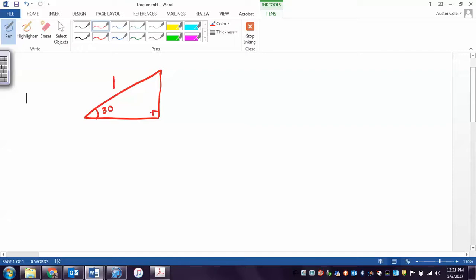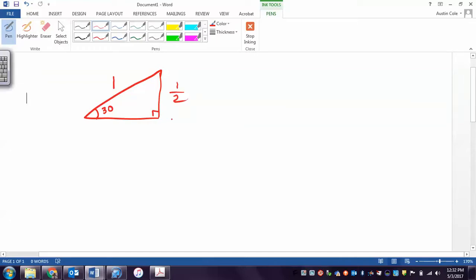So how do I get from my hypotenuse of a 30, 60, 90 triangle to the short leg? Divide by 2. The relationship between the hypotenuse and the short leg is 2, whether you're multiplying by 2 or dividing by 2. So I need to divide by 2 here. So 1 divided by 2 is 1/2.